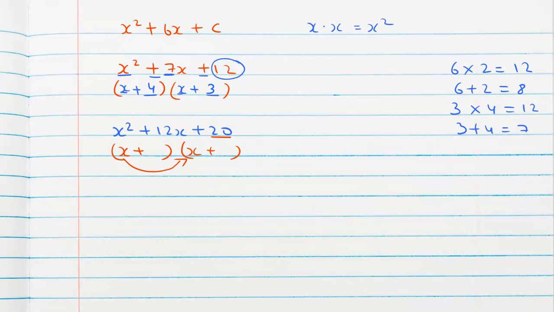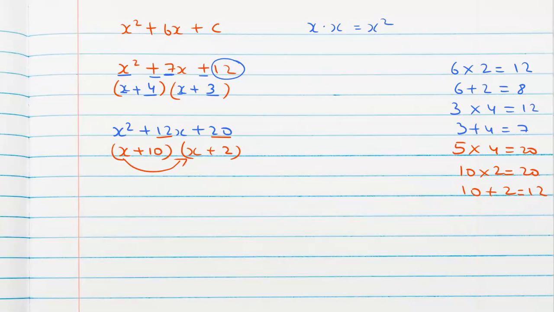What two numbers that we multiply we get 20, and when we add we get 12? Well, you can think 5 times 4, that is 20, but when we add them we get 9. So how about, let's say, 10 times 2, that is 20, and 10 plus 2, that is 12. So the numbers will be 10 and 2.